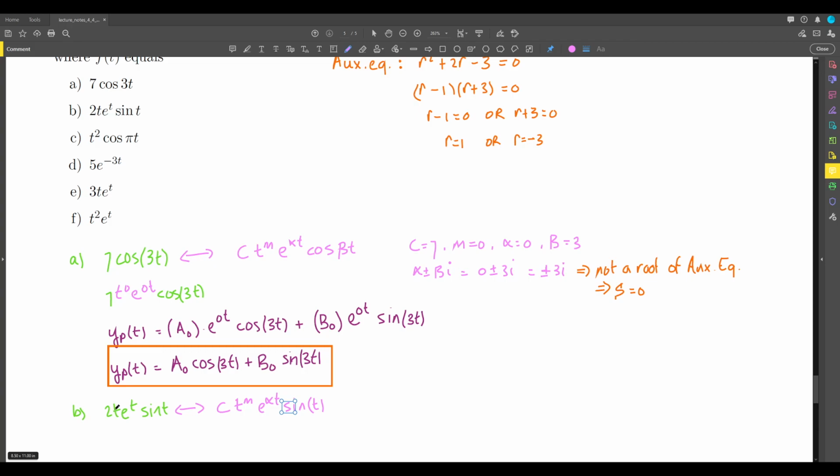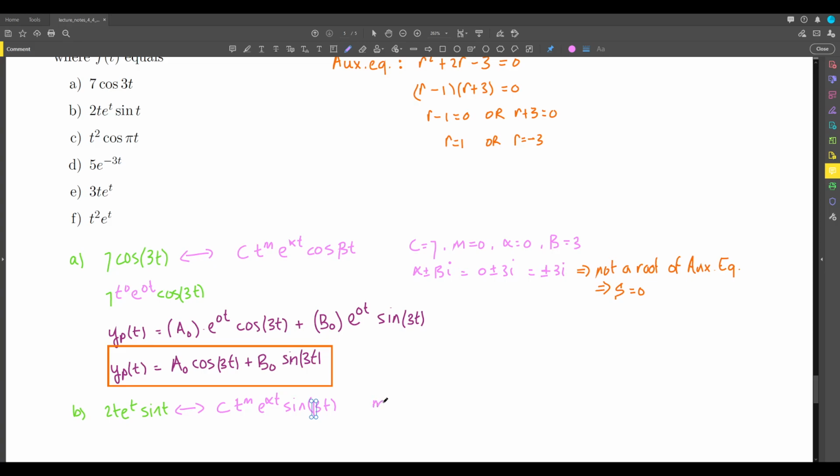Now here it's a little bit easier to see, I think, because we have a t, we have an e, and we have a sine. And so that's sine beta t, right? So I'm comparing that with sine beta t. So let's not worry about c because that's not going to show up in the answer.